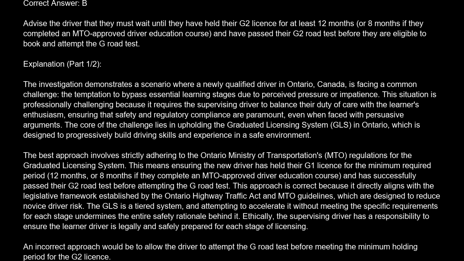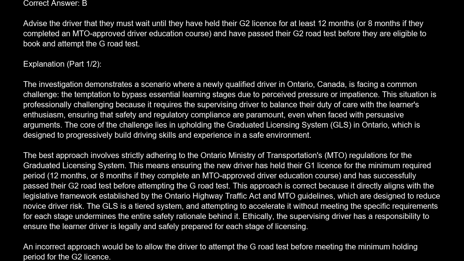The best approach involves strictly adhering to the Ontario Ministry of Transportation's MTO regulations for the Graduated Licensing System. This means ensuring the new driver has held their G1 license for the minimum required period, 12 months, or 8 months if they complete an MTO-approved driver education course, and has successfully passed their G2 road test before attempting the G road test.